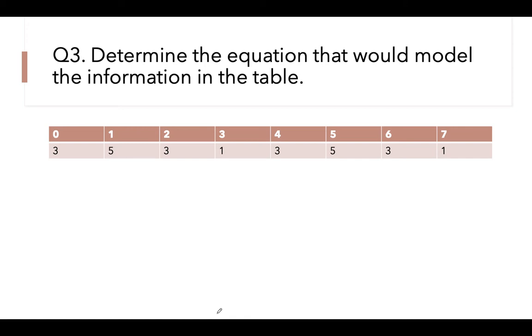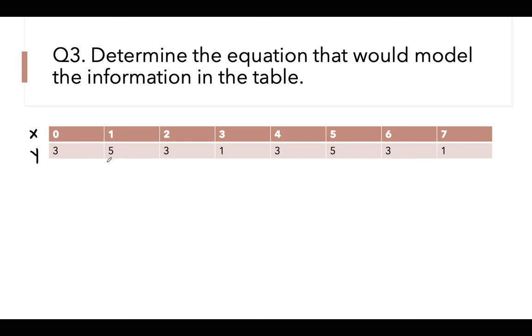Question number 3. Determine the equation that will model the information in the table. Okay, so it looks like we're given the x value and the y value. Now, x is increasing linearly by 1.